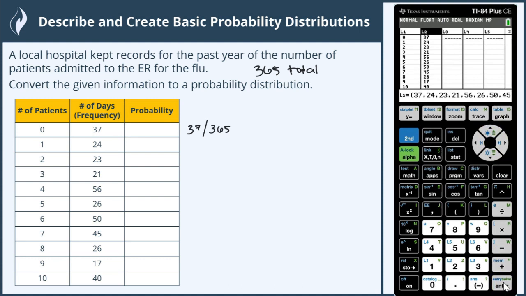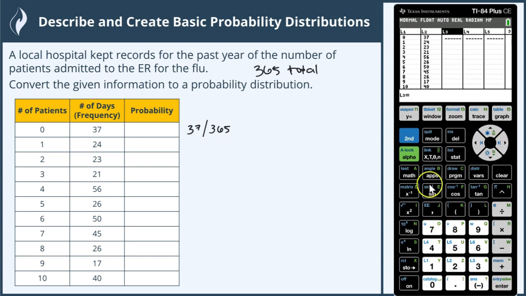We're going to use L3 to create our probabilities. You need that clear as well if it's not clear, okay? Now, we scroll over so that we can highlight L3 and press enter. Now you should see next to L3 equals that the cursor is blinking. If that's blinking, that's what you want.